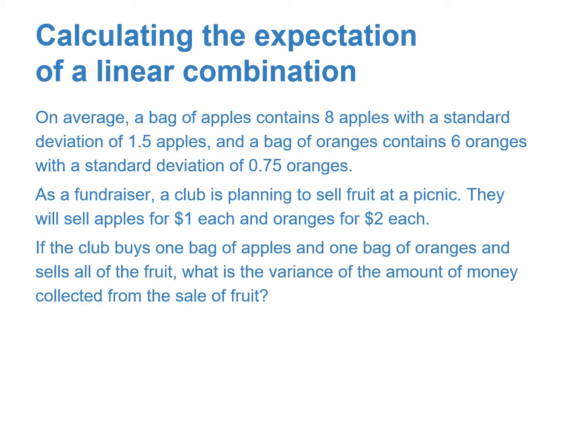So coming back to our same example, we're adding a little bit more information. Remember that on average a bag of apples contains 8 apples. Now we're told that the standard deviation for the number of apples in the bag is 1.5. So sigma of x is 1.5.